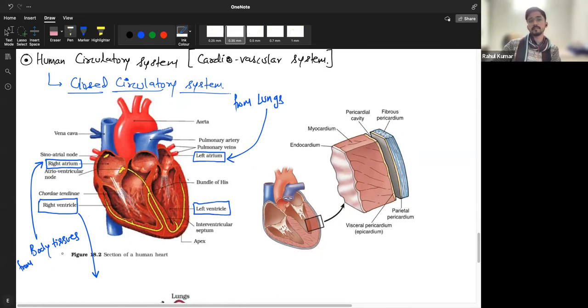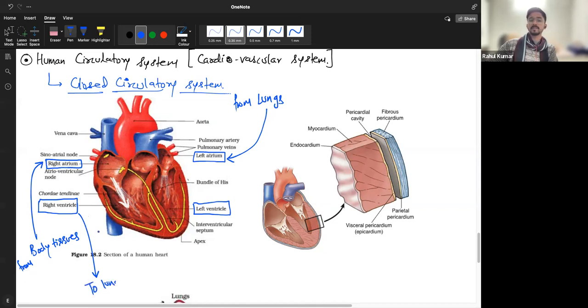And then from right ventricle, where should it go technically? Where do you want it to go? If it's coming from the tissue, then it's supposed to go to the lungs, right? Yes. So right ventricle sends all the blood which it receives to lungs.